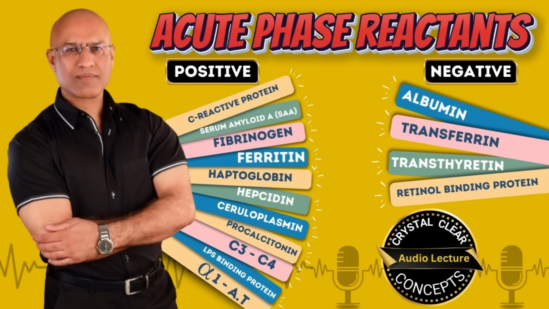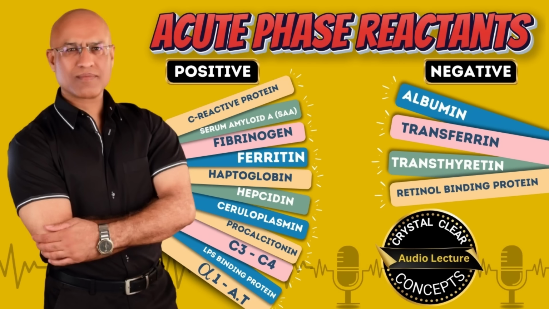Now we come to some other acute phase reactants, which are positive acute phase reactants. Before I go for that, I want to tell you one thing. You know, many of the pathogens or bacteria require iron. They require iron for their metabolism, their proliferation, and their pathogenicity.